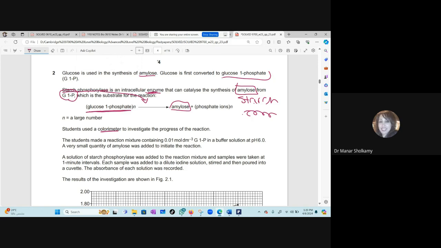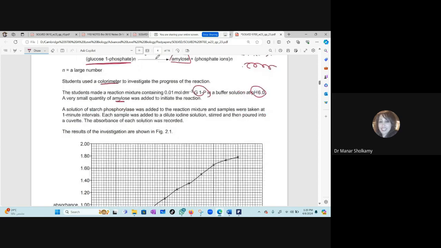The students made a reaction mixture containing 0.01 mole per decimeter cubed of the glucose in a buffer solution at pH 6, and a very small amount of amylose was added to initiate the reaction. Then a solution of starch phosphorylase was added, and samples were taken out at 1-minute intervals. Each sample was added to a dilute iodine solution, stirred, and then poured into a cuvette. The absorbance of each solution was recorded.